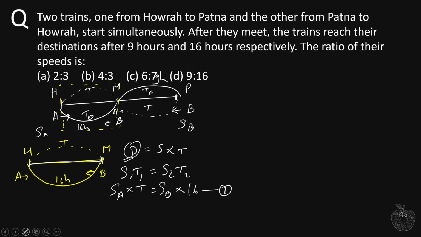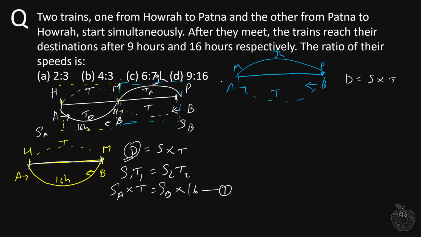Now let's focus on the other part of the length, which is MP. So this is M, this is P. A is moving towards P, B is moving towards M. We know that A takes 9 hours to reach P and B takes T time to reach M. Now again we know that distance is equal to speed into time, and for both trains A and B, the distance is common, which is MP.